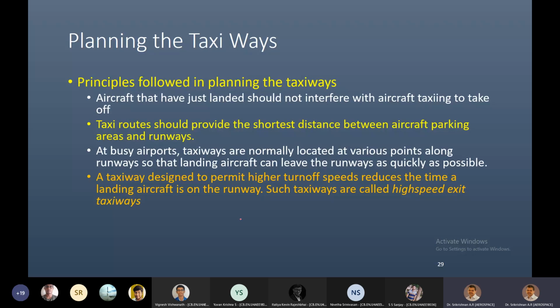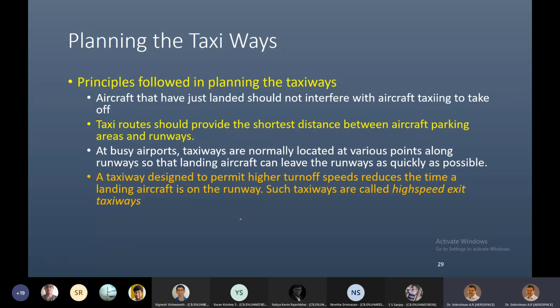Whereas there are taxiways which are usually aligned at an angle in such a way that the velocity doesn't have to come down so low, and they can have high speed exit. Again, the purpose is the same as I stated earlier. The aircraft has to be able to vacate the runway as early as possible.